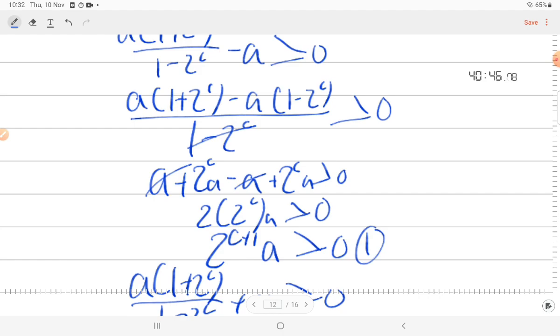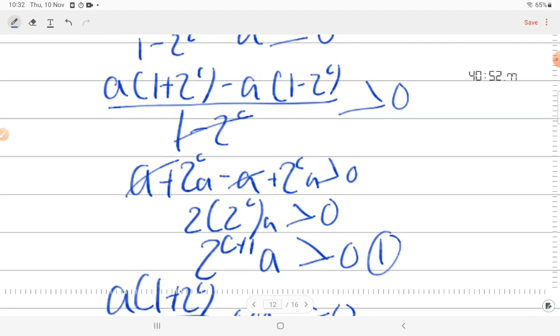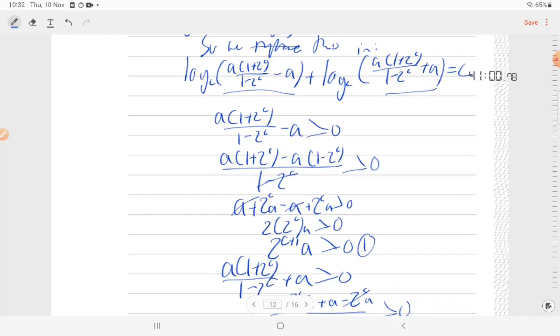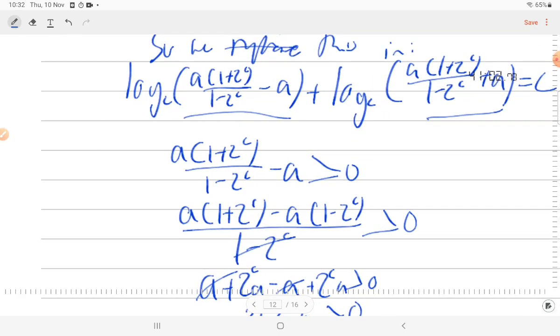2 to the power c plus 1. That's 2 greater than 0.